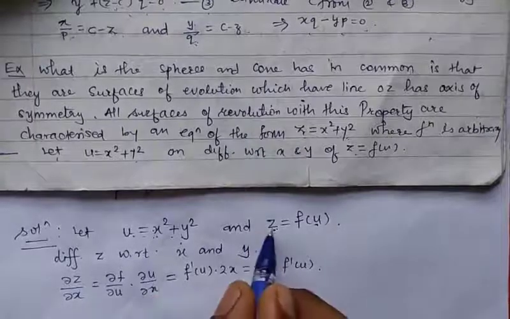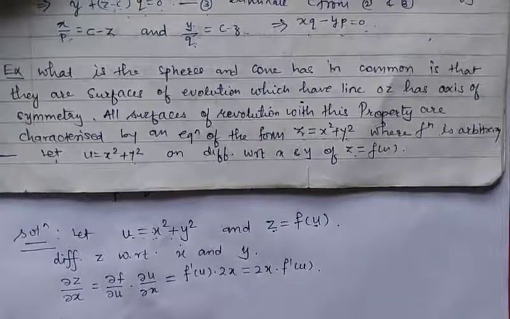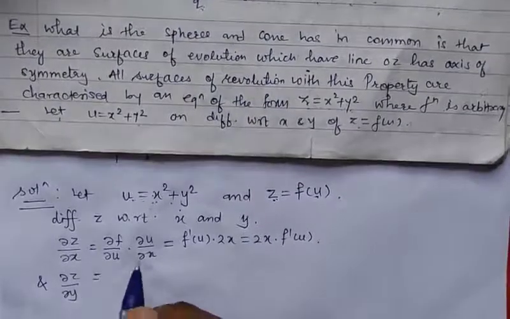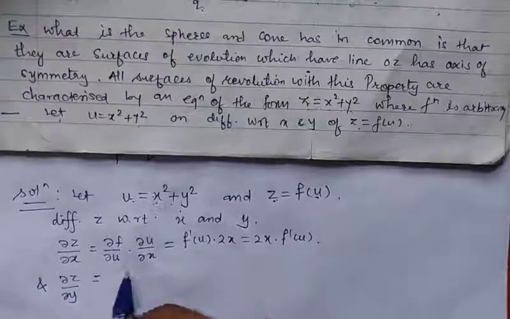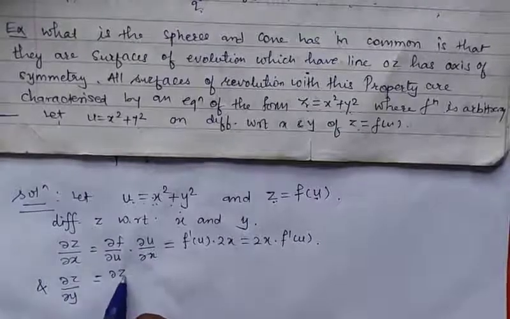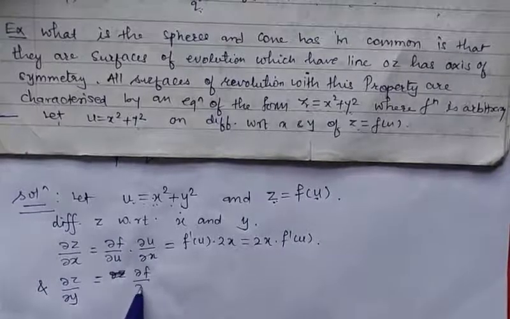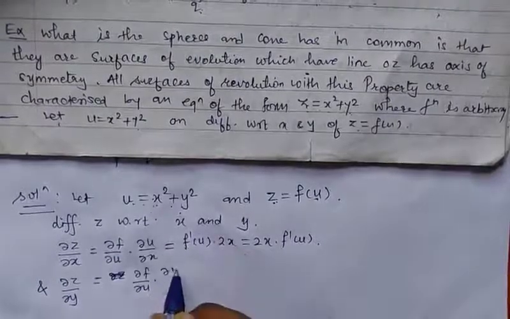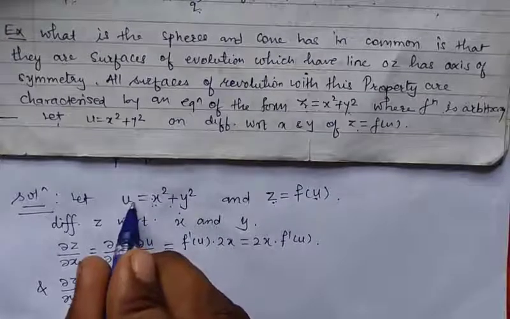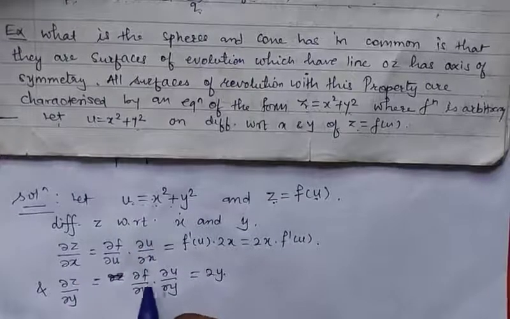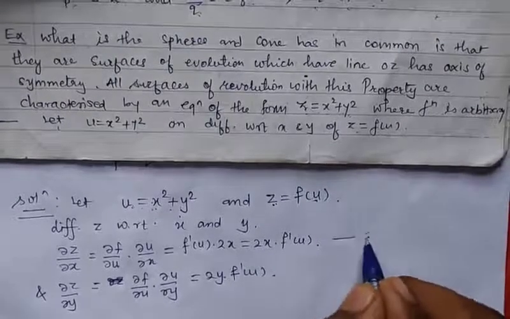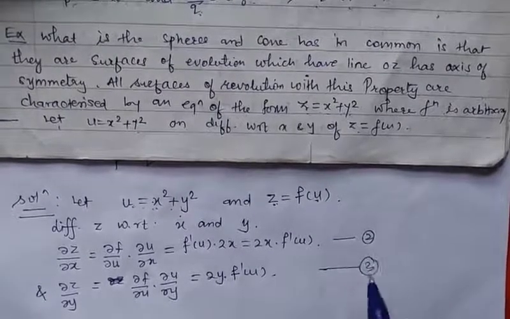Again differentiating z with respect to y, we first use the chain rule: the derivative of f with respect to u and then u with respect to y, ∂u/∂y, which is 2y into f dash u. Call this equation number 2, and call this equation number 3.